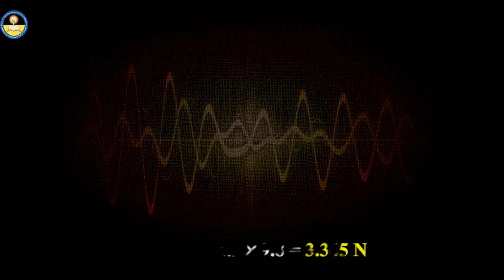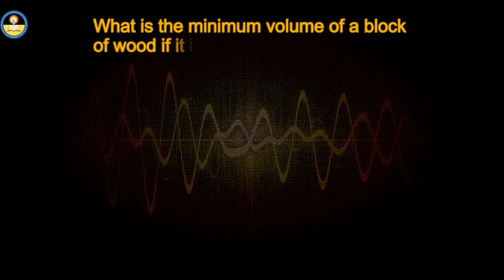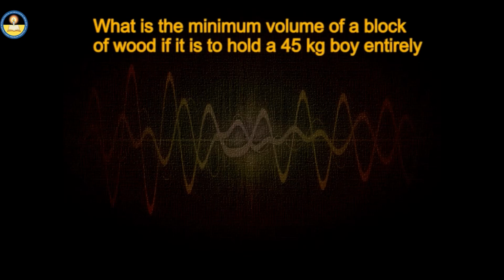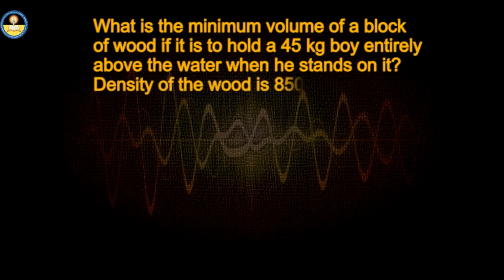Next problem is, what is the minimum volume of a block of wood if it is to hold a 45 kg boy entirely above the water when he stands on it? Density of the wood is 850 kilograms per meter cube.